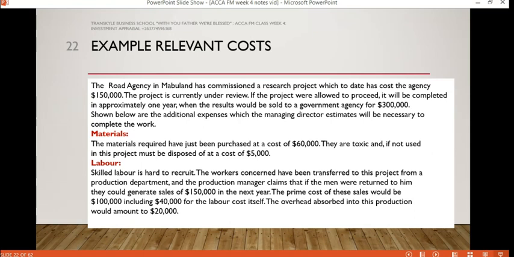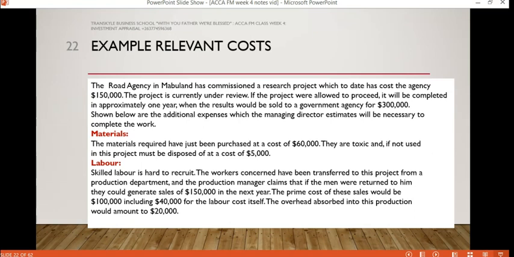So the production section of this road agency has supplied the labor required, because to recruit these guys is hard to do. They're hard to recruit, so we had to borrow from the other department. All right, so from the production department to this particular project.